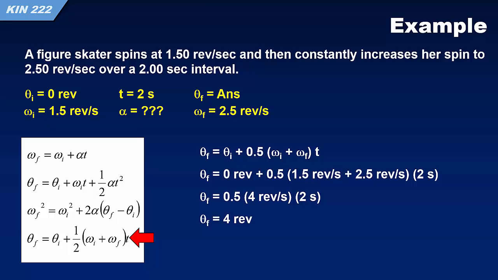And if we run that through, we get a final angular displacement of 4 revolutions. So over that 2 seconds, if she starts at 1.5 revolutions per second and increases her angular velocity up to 2.5 revolutions per second, then over that 2-second interval she will have performed 4 revolutions. That'll be her final angular displacement.